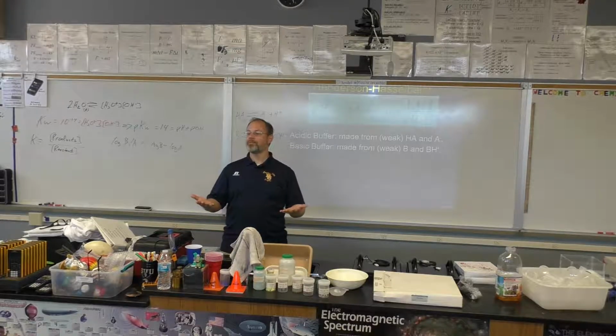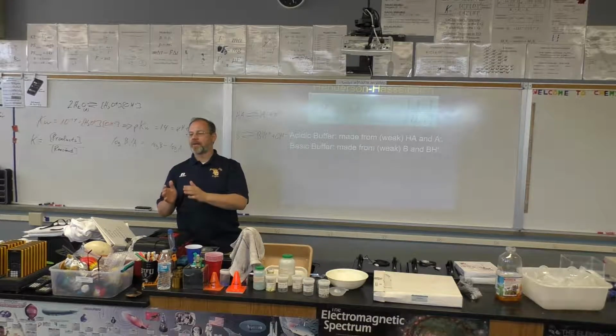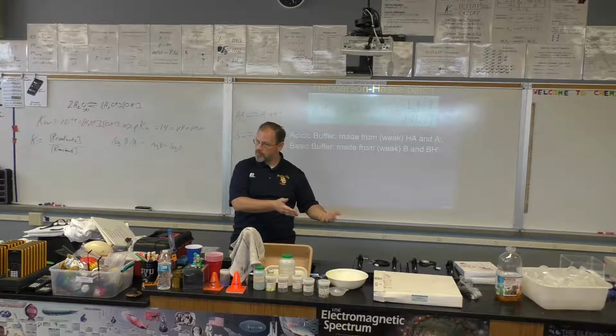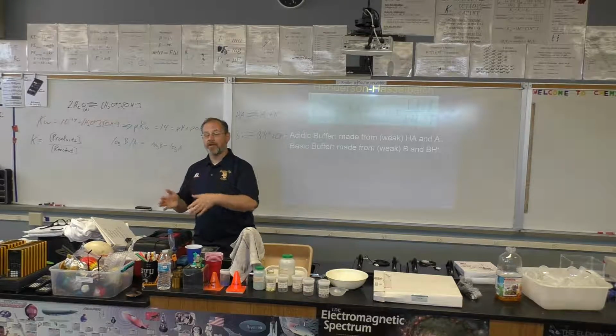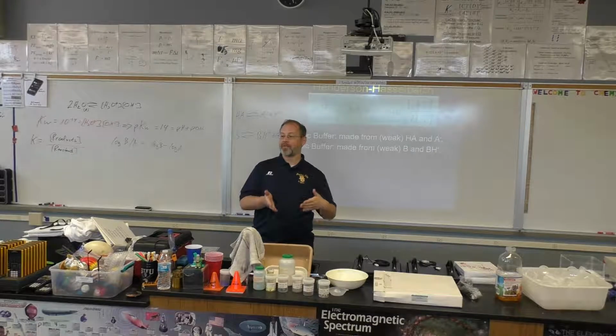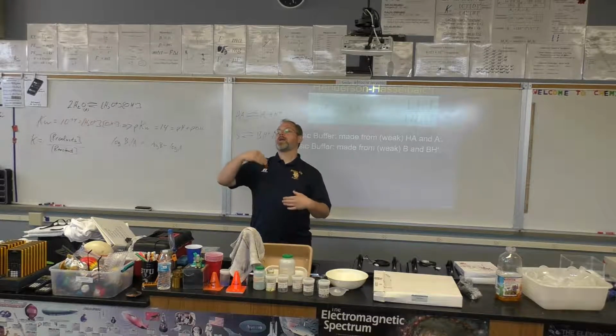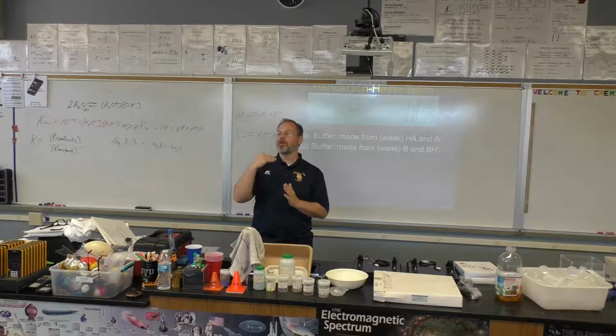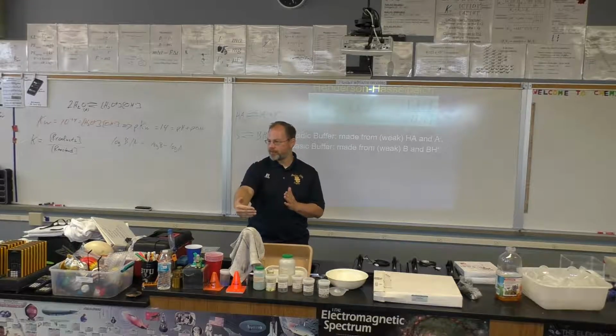So does that make sense? Now, a weak acid makes a conjugate base that is weak, and a weak base makes a conjugate acid that is weak. And a stronger, this is where things get dicey, a stronger weak acid makes a weaker conjugate weak base.